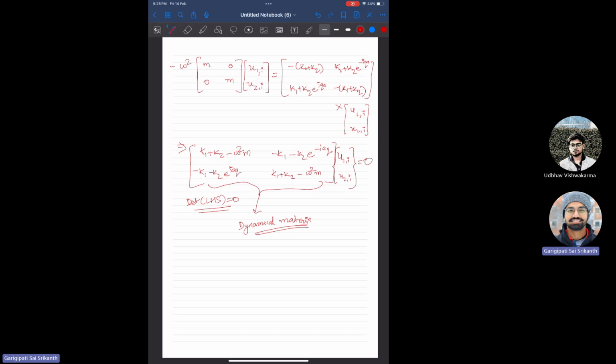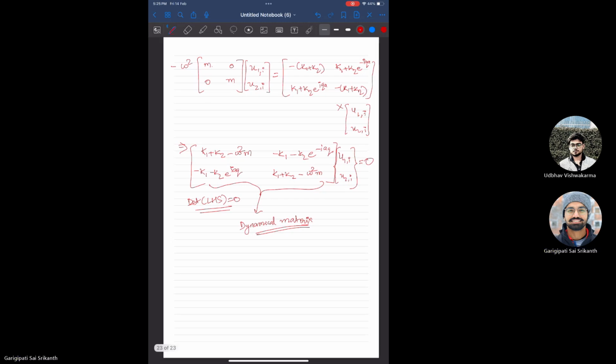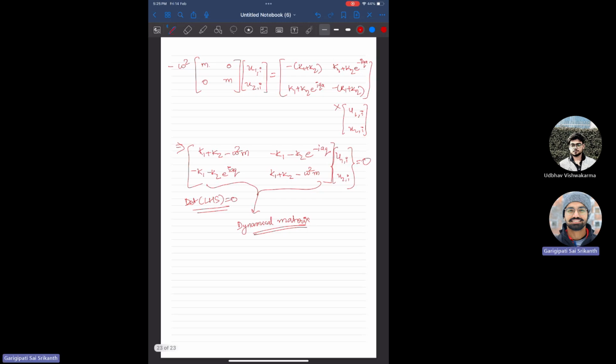So if we find that out, what we get is, just like in the mass dimer case, even here we should observe a quadratic form.